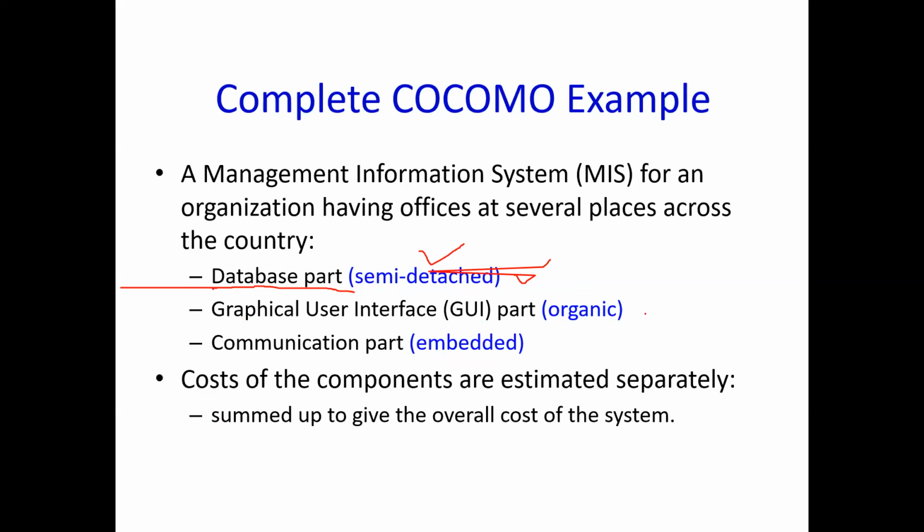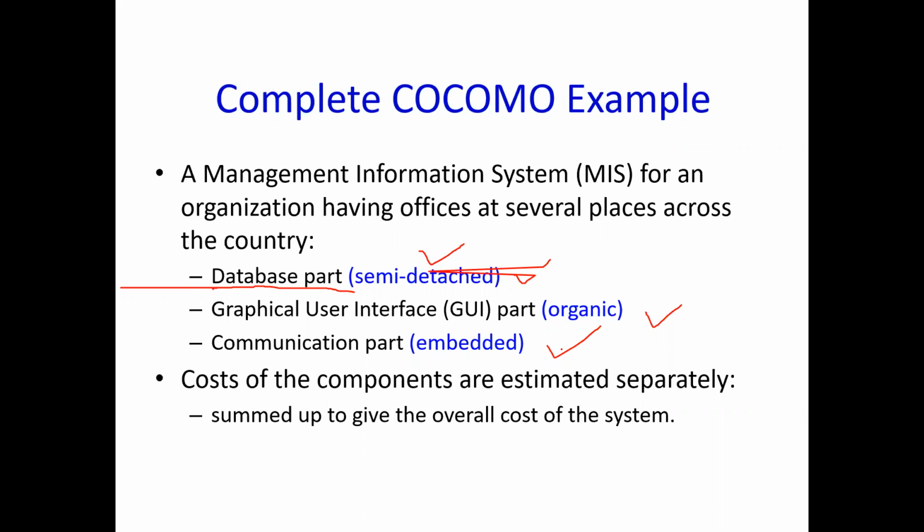The GUI part is organic type, so I will use the organic formula and calculate separately. And the communication part is embedded type, so I will apply the third formula for this. If I calculate separately for each part, then I can add them together and complete the whole product time.